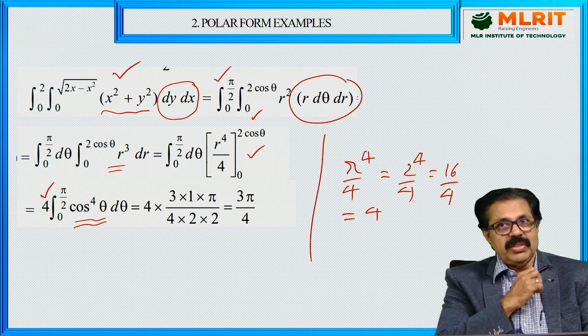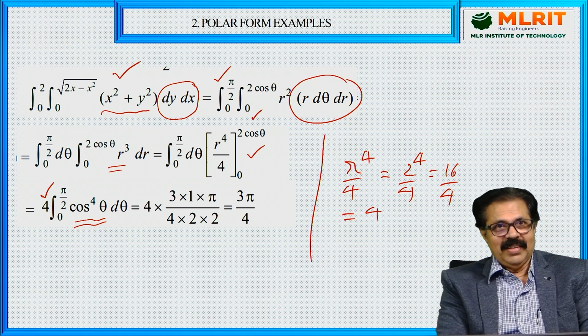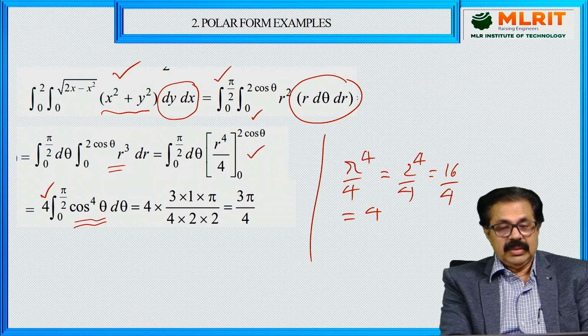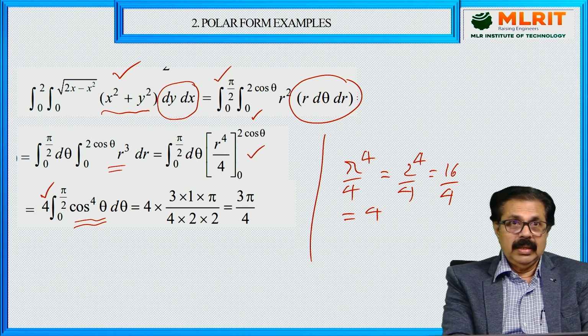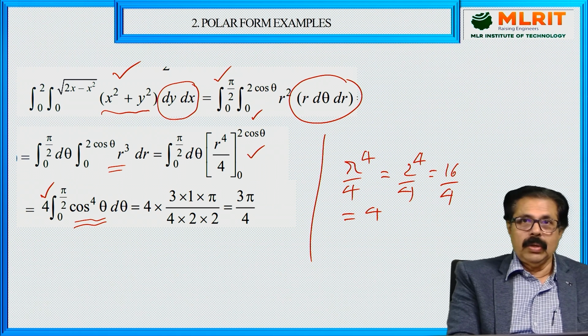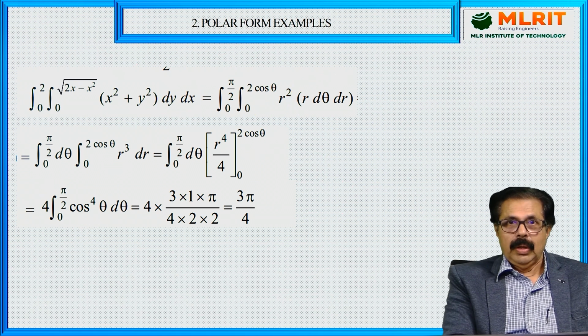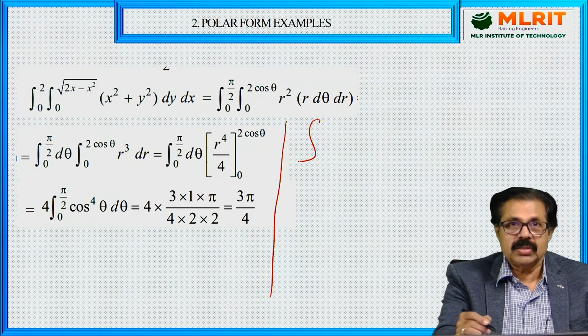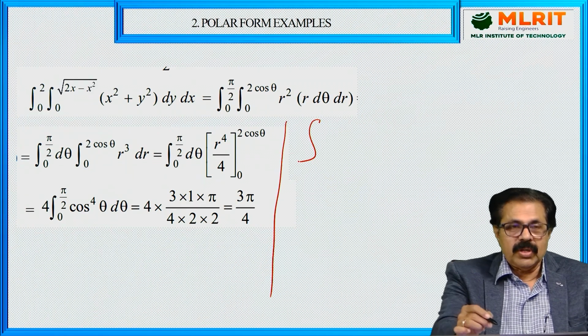There are two ways here. The first one is to convert to multiple angles. The second way is that you can use beta gamma functions. Now let me tell you how to use the beta function formula.